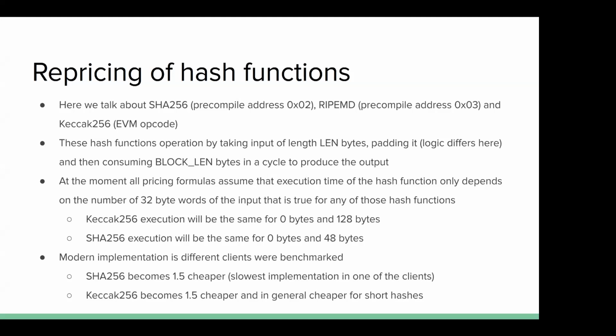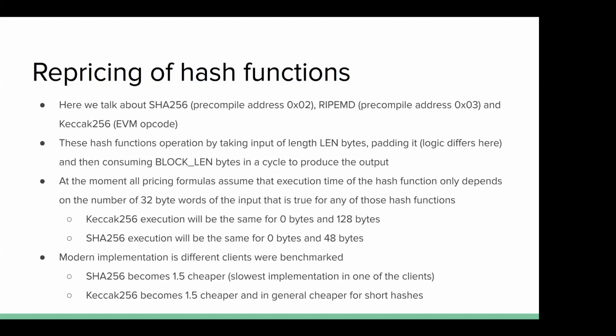And you're saying that the repricing needs to happen because the old pricing is already giving a different price between 0 and 48 for SHA-256 or between 0 and 128 for Keccak. Yeah, I find it reasonable that if a function has some internal structure, and this internal structure determines the logic of what the execution time is depending on the length of the input, we should try to reflect this logic in pricing formulas.